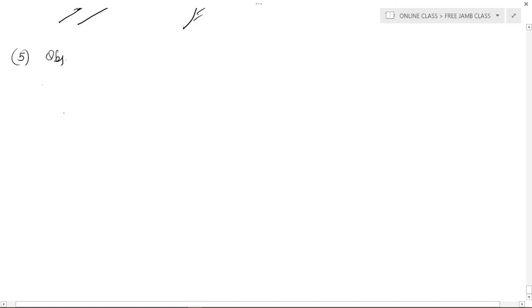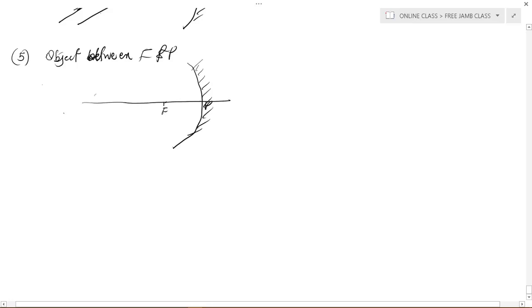Object between F and P. I need to rush this one because of time. We have F here, P here. I didn't show C. C here, object is here.